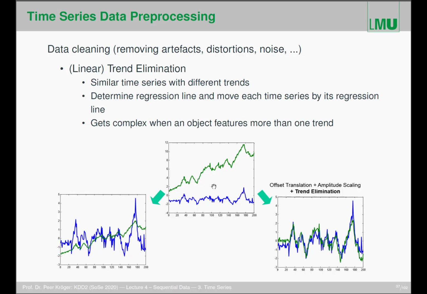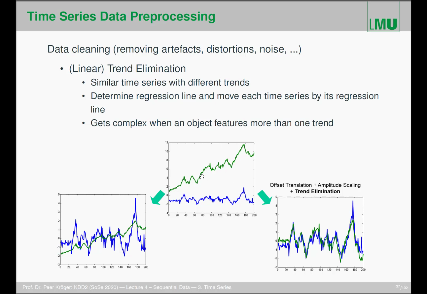If you just do offset translation and amplitude scaling, you end up here. You still have a clearer trend of the green one. And if you also do the trend elimination using the regression line, you get really comparable time series.